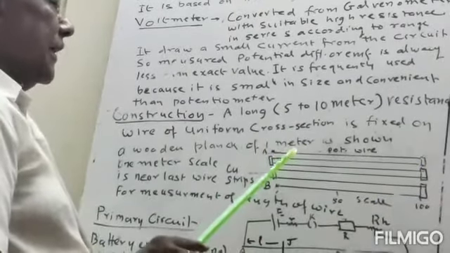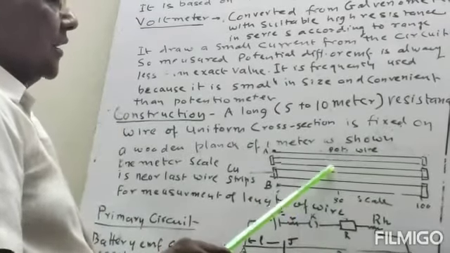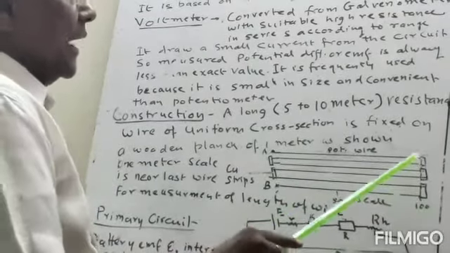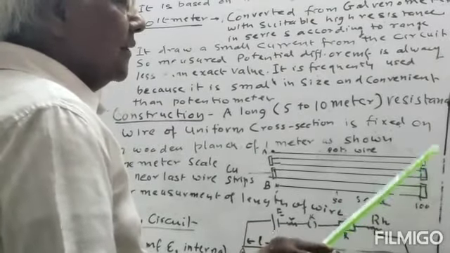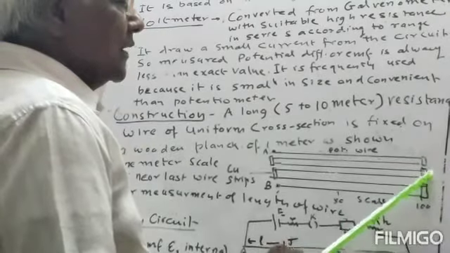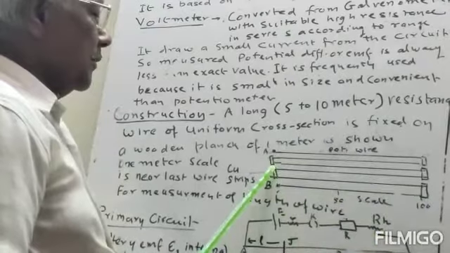So I have taken a 5 meter wire: 1 meter, 2nd meter, 3rd meter, 4th meter. The ends of these are connected by a copper strip. These ends are connected by the copper strip. Here also a copper strip. Here also a copper strip.